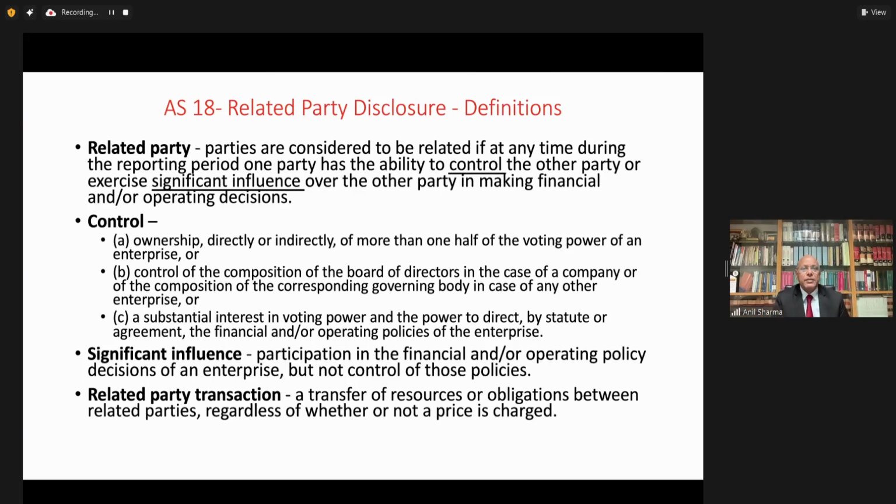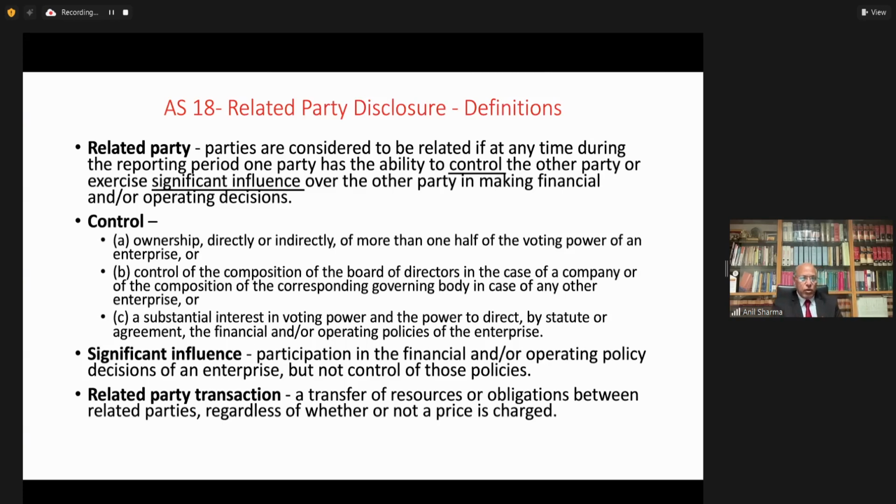Here it says that parties are considered to be related if at any time during the reporting period, one party has the ability to control the other party or exercise significant influence over the other party in making financial and or operating decisions. Related party transaction is also defined as a transfer of resources or obligations between related parties, regardless of whether or not a price is charged.